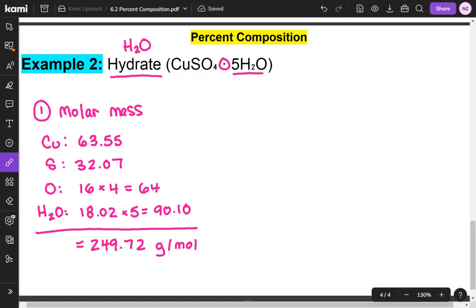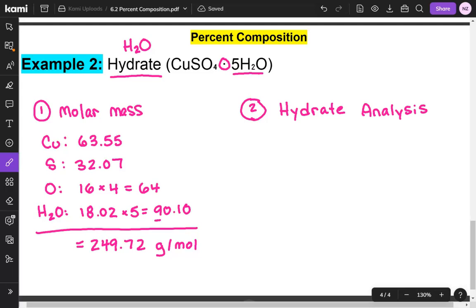So we only care about the water in this example here. Now, it wouldn't be wrong to report out the percent composition of copper, sulfur, and oxygen here, but I'm just going to do our hydrate here.